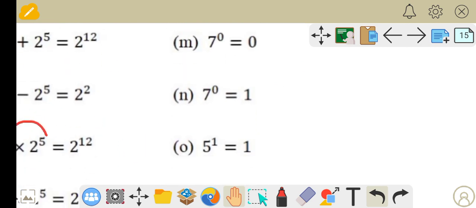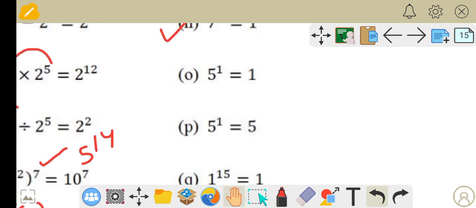7 to the power 0: any number excluding 0 raised to the power 0 will be 1. So M part is wrong, but N is correct. Now in O part, 5 to the power 1 means 5 is available one time. If 5 is available one time, its answer should be 5, not 1.